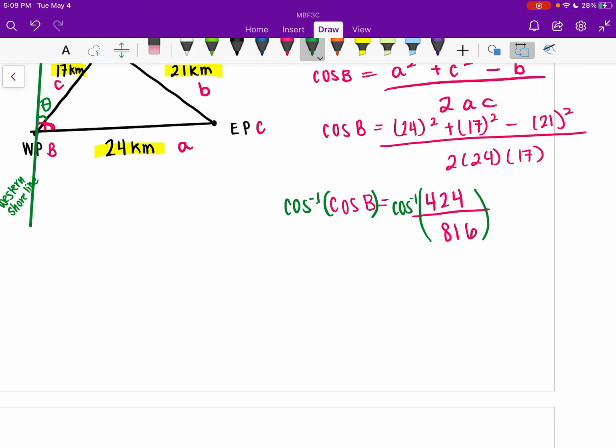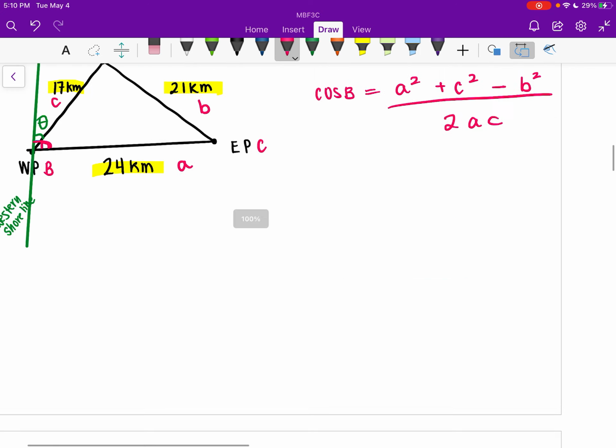So I actually put in cos inverse 424 over 816, and I have that button on my calculator. So I put it in as a fraction, and I get angle B is equal to 58.69. So I like to write 59. So I know that this angle right here is 59.